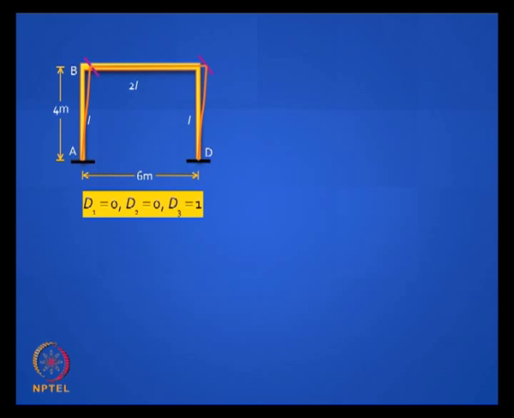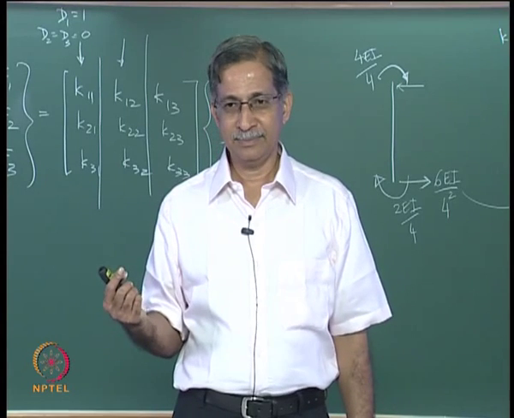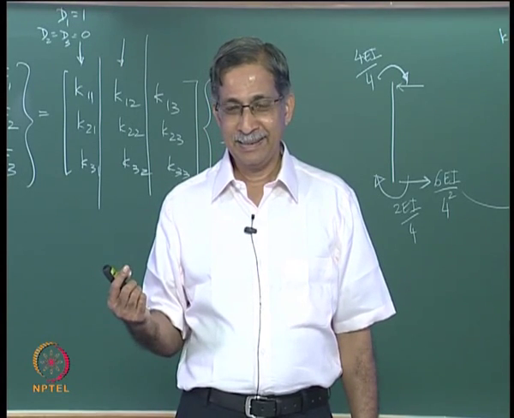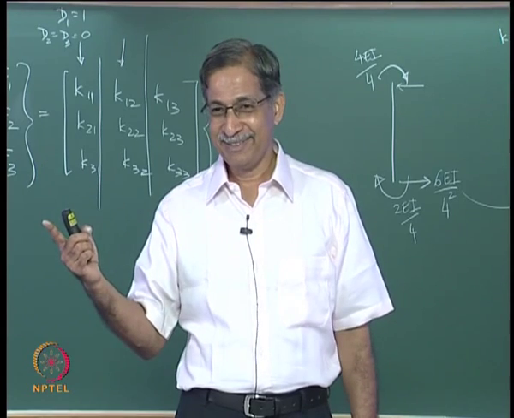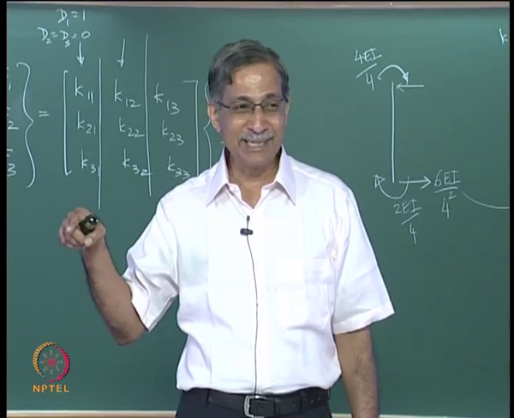It's like settlement of supports. It's a chord rotation. So what's the moment that you get? K13 and K23? K33 into L, 6EI by 4 squared, into 1 by 4, because your chord rotation is 1 by 4.